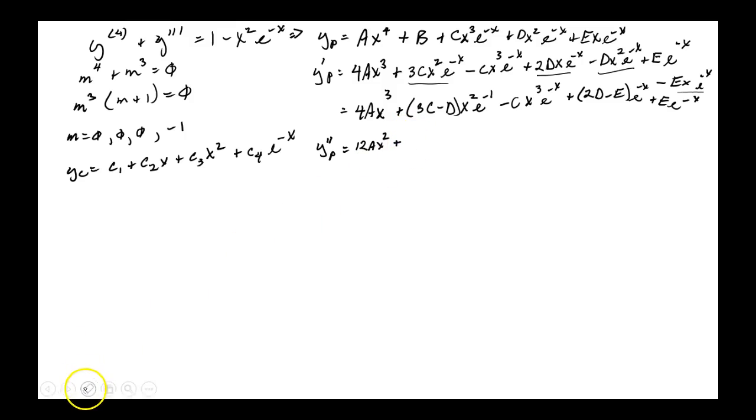Because otherwise, it's another step that I want to take, okay? 2 times 3c would be 6c minus 2d, x e to the minus x. I don't know how that came out of minus 1. I don't know if I erased something or what. Okay.